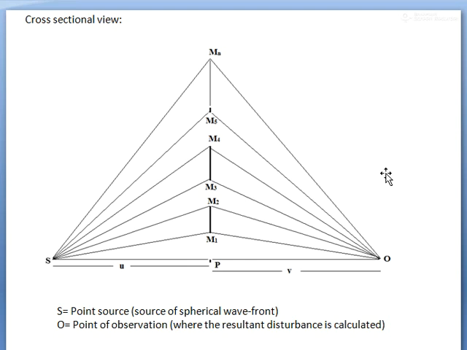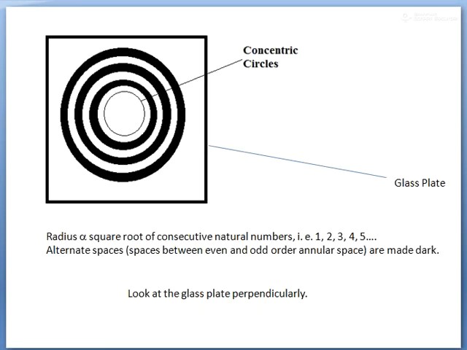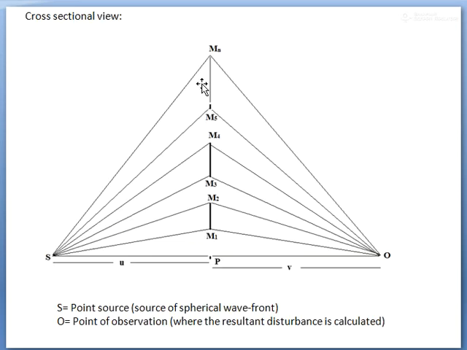And what is the image basically? Let us assume this SP is the object distance U, and PO is the image distance V, and I am taking this circle in an equatorial view. Okay, that means I have to just make this circle perpendicular to the rays coming from this S.